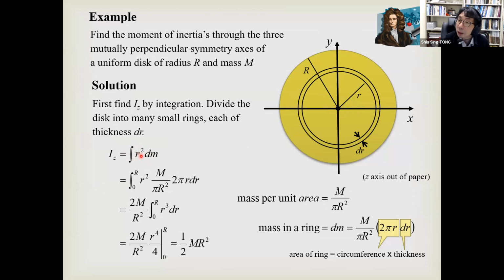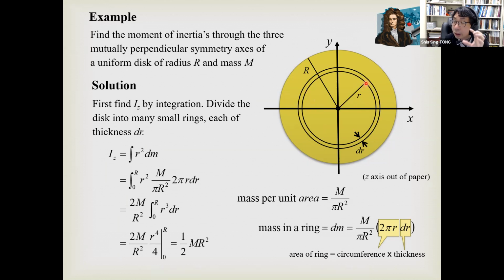Now we have this formula before, right? The integral of r squared dm. But how do we chop this? In doing integration, we have to chop the large object into many, many small pieces, and in doing the integration, we effectively form a sum of them. But in this case, how do we chop the object? The answer is we chop it into many rings. For example, here is one of the rings.